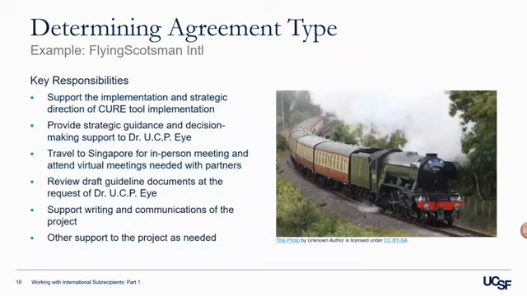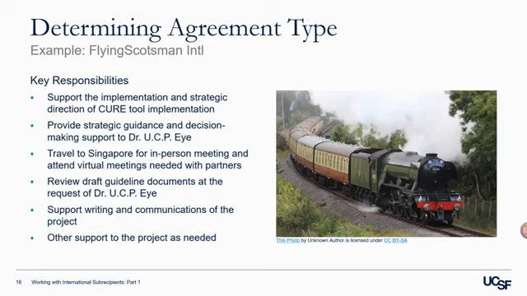So here are the key responsibilities listed on the scope of work: support the implementation and strategic direction of the CURE tool implementation, provide strategic guidance and decision-making support to Dr. UCPI, travel to Singapore for in-person meetings and attend virtual meetings needed with the partners, review draft guideline documents at the request of Dr. UCPI, support writing and communications of the project, and other support to the project as needed.